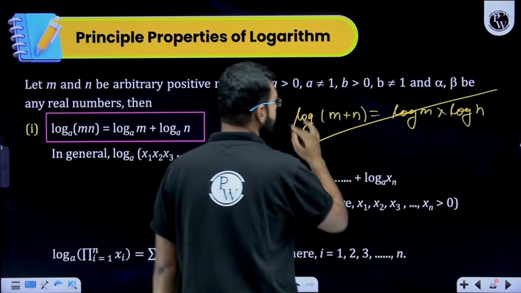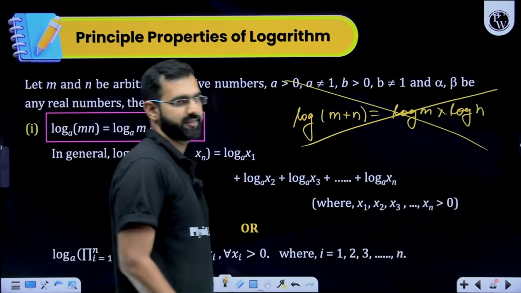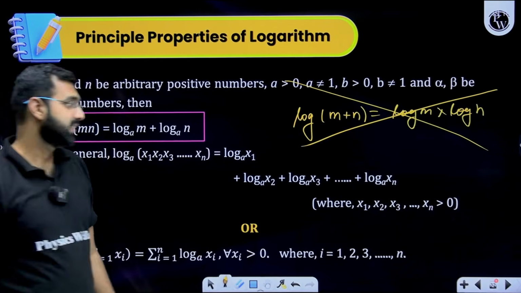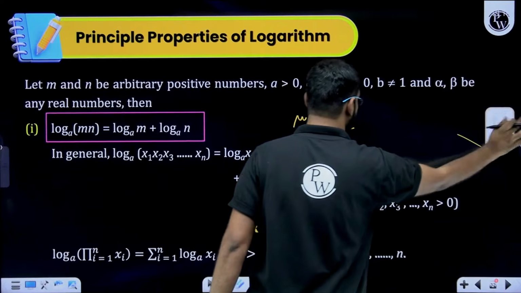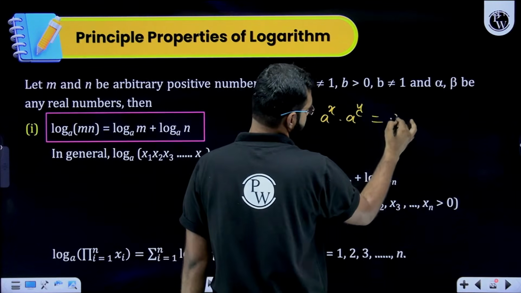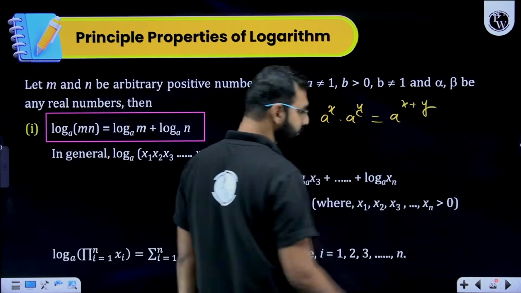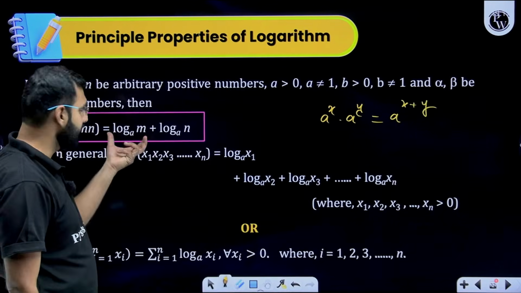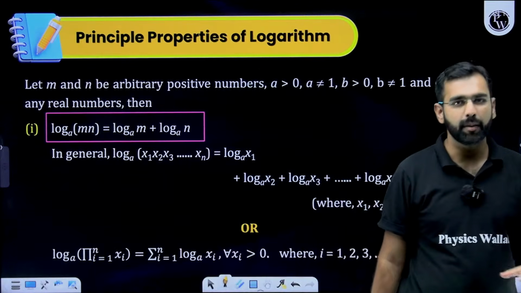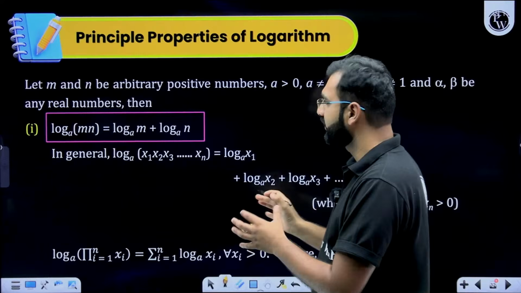No, that's not the property we have discussed. This is all because of the exponents. I hope you remember that a to the power x into a to the power y is a to the power x plus y. This property is derived from this only.